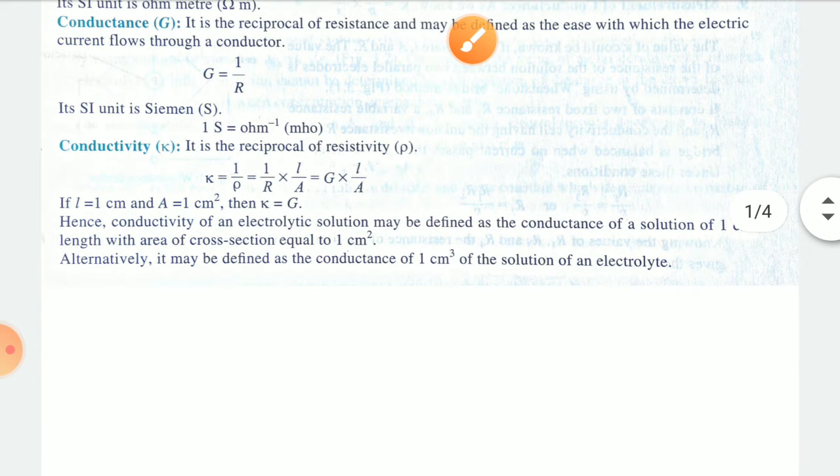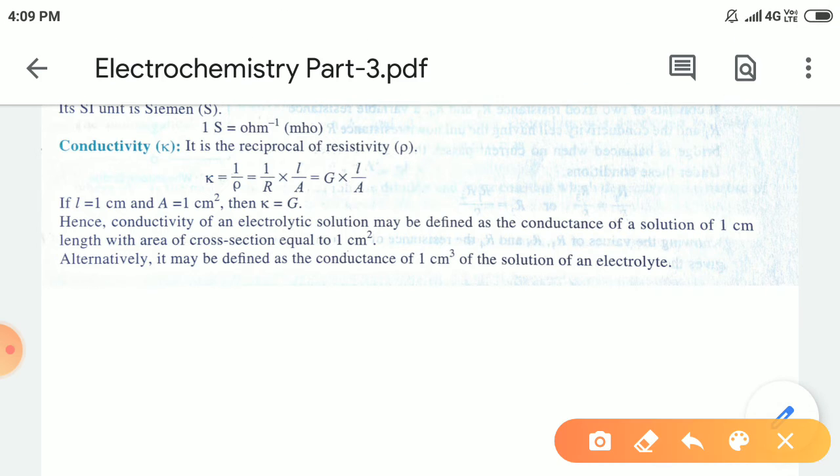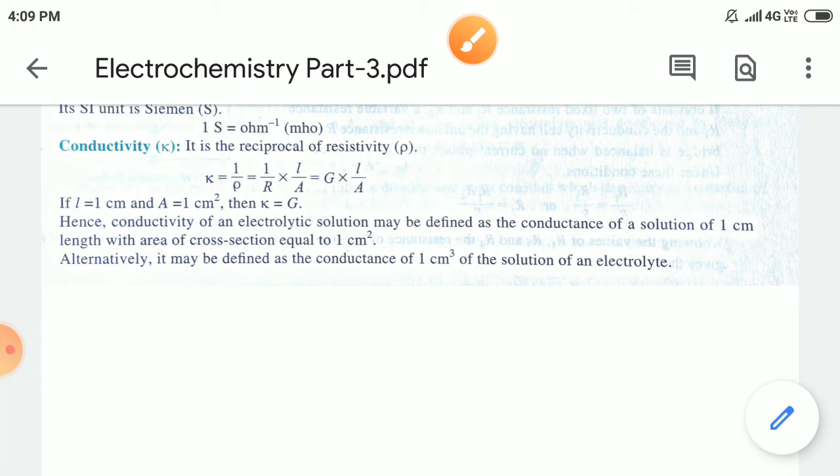Hence the conductivity of an electrolytic solution may be defined as the conductance of a solution of 1 centimeter length with cross section equal to 1 centimeter square. Alternatively, it may be defined as the conductance of 1 centimeter cube of solution of an electrolyte.